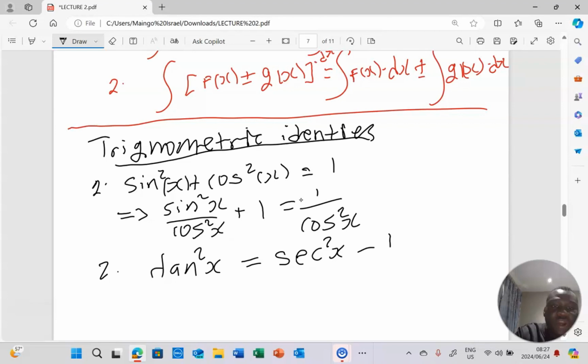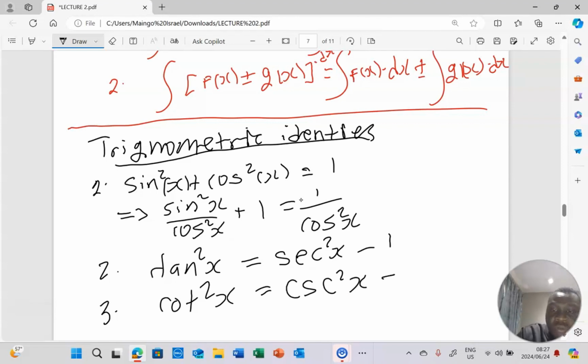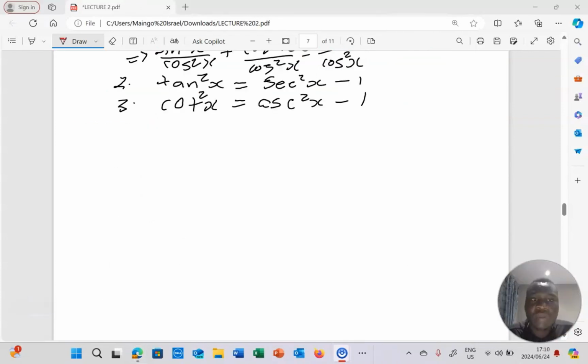Again, if we divide by sine squared of x, you can have another law which says cot squared of x is equal to, because we are dividing by this one, cosec squared of x minus 1. It will be cot squared of x equals cosec squared of x minus 1.